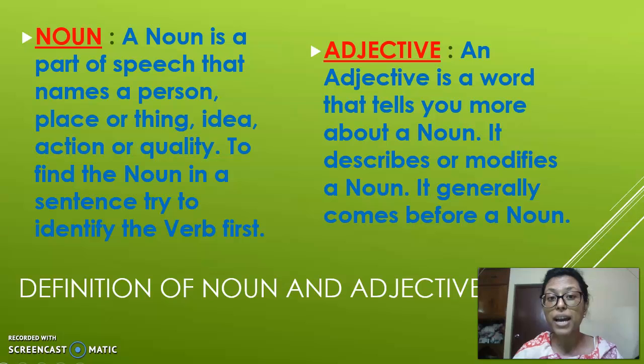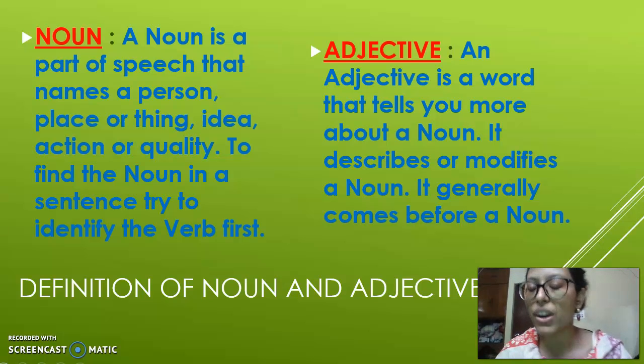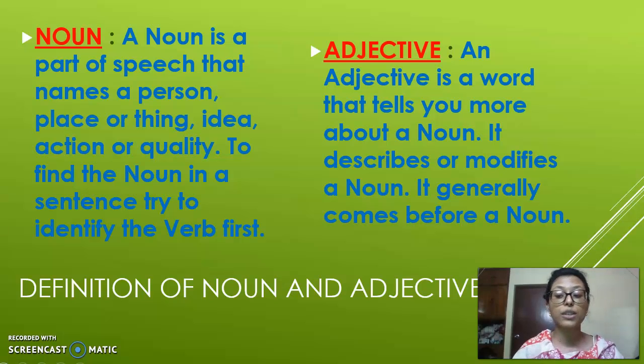Why am I adding the word generally? Because we will come to know that very soon as we proceed with the chapter. So generally it comes before a noun, but adjectives can even come after a noun. Adjectives can be placed before or after a noun. So what is an adjective?